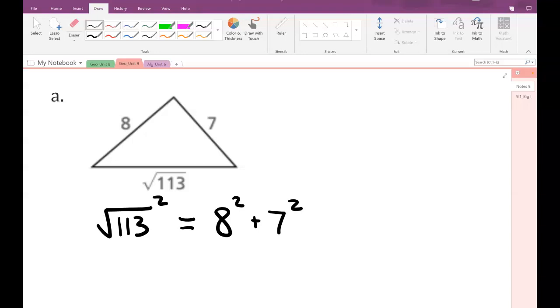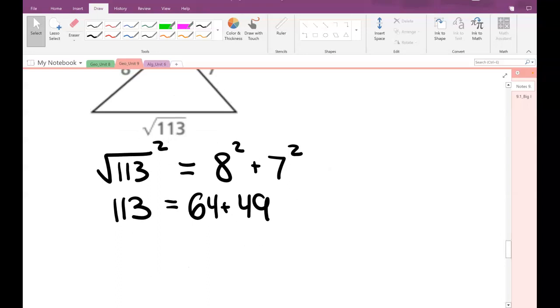If we square a square root, they undo each other, the two operations. So we're just left with 113. 8 squared is 64. 7 squared is 49. So we have 64 plus 49, which when we add them together, we get 113.